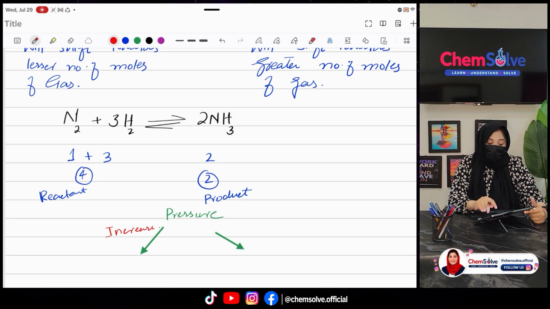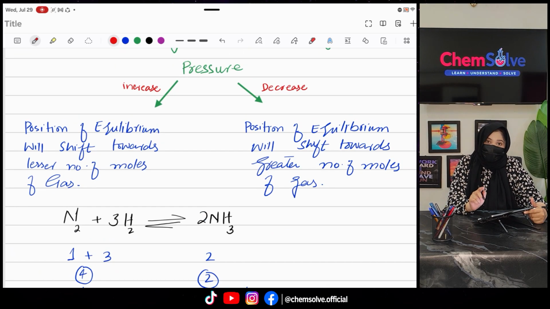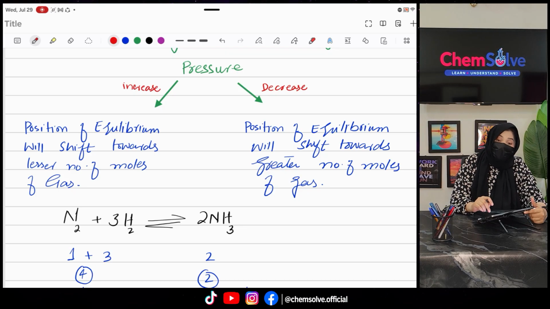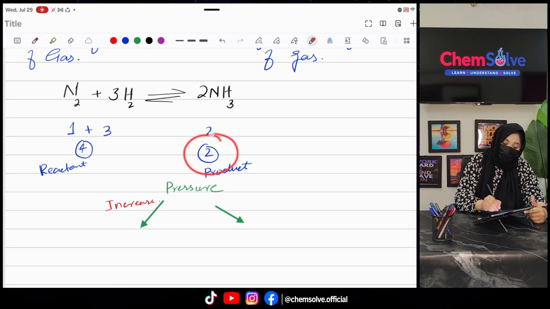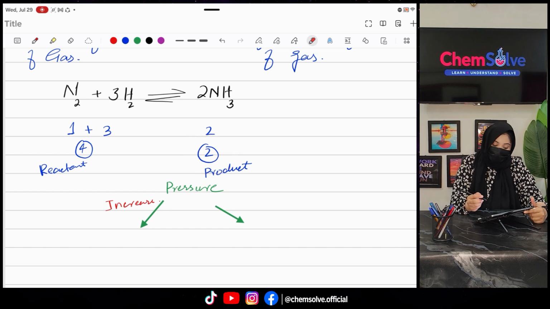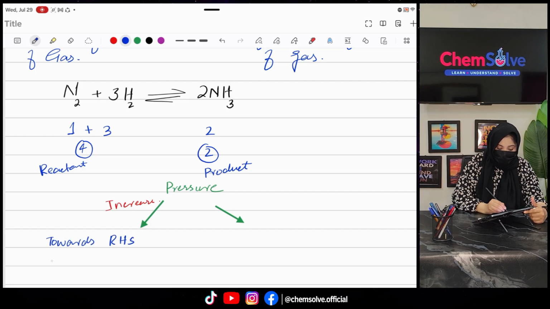I just told you, if we increase the pressure, the position of equilibrium will shift towards that side of the equation with the lesser number of moles. So clearly you can see that lesser number of moles are present on the product side. So we will say that the equilibrium will shift towards the right hand side, I mean towards product.